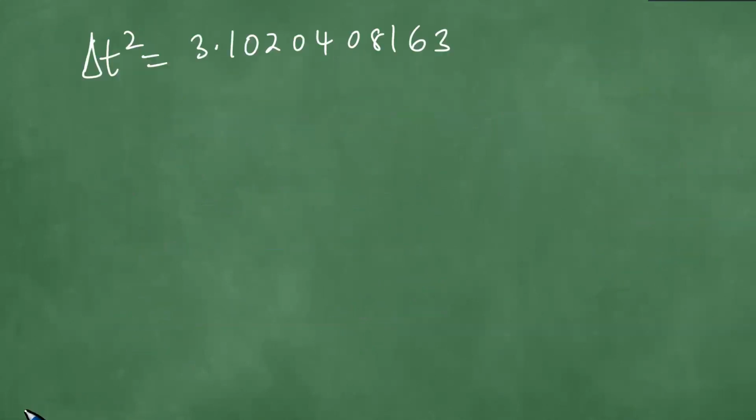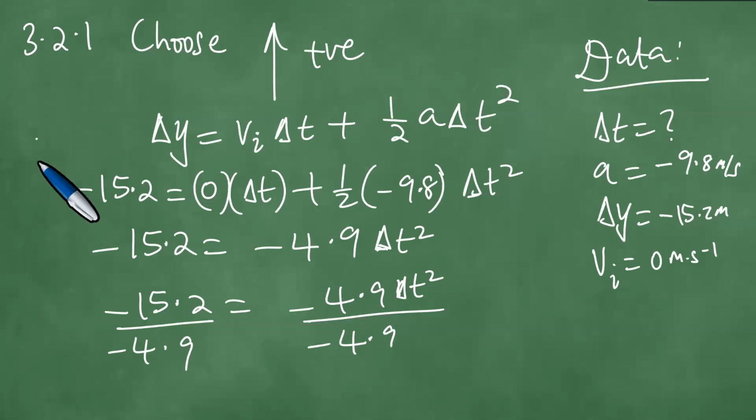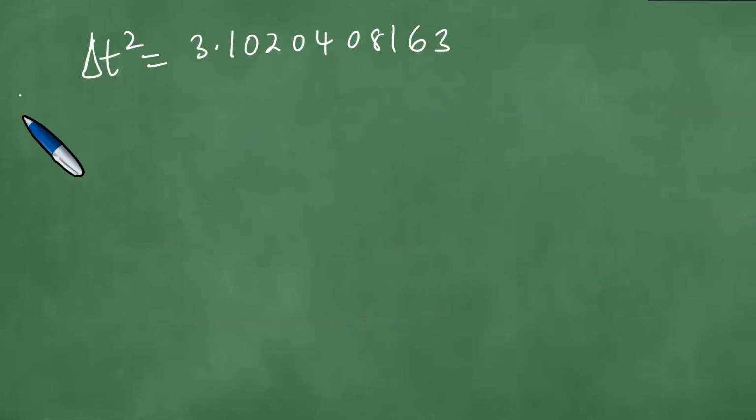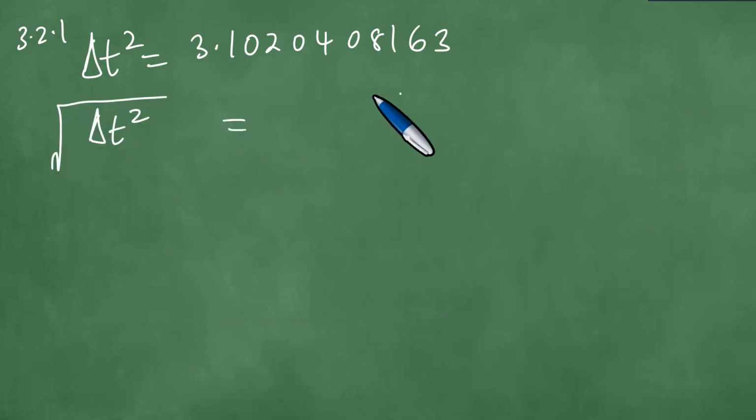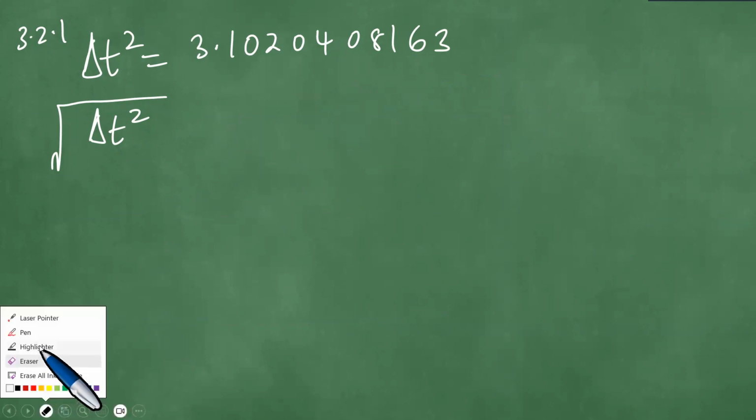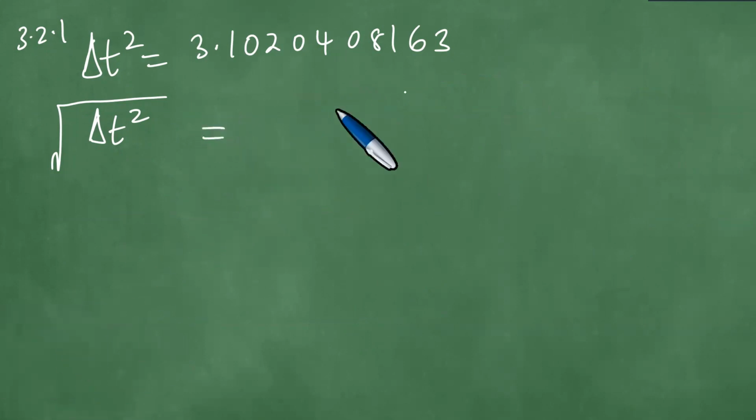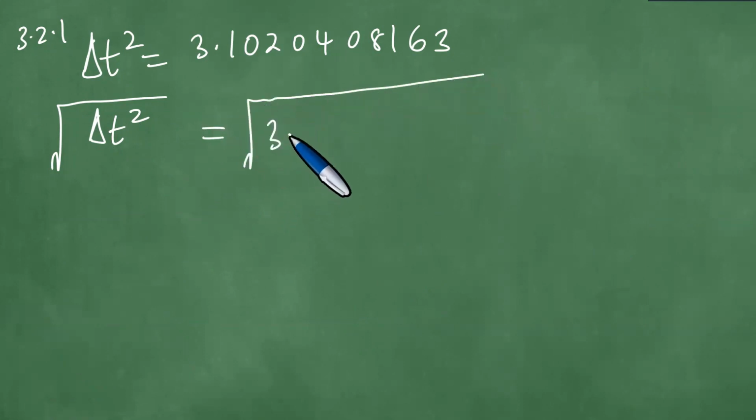Right, and then, this one is still the solution to 3.2.1. So we have delta t squared, and you take the square root here. You have this here, which is 3.10204.08163.